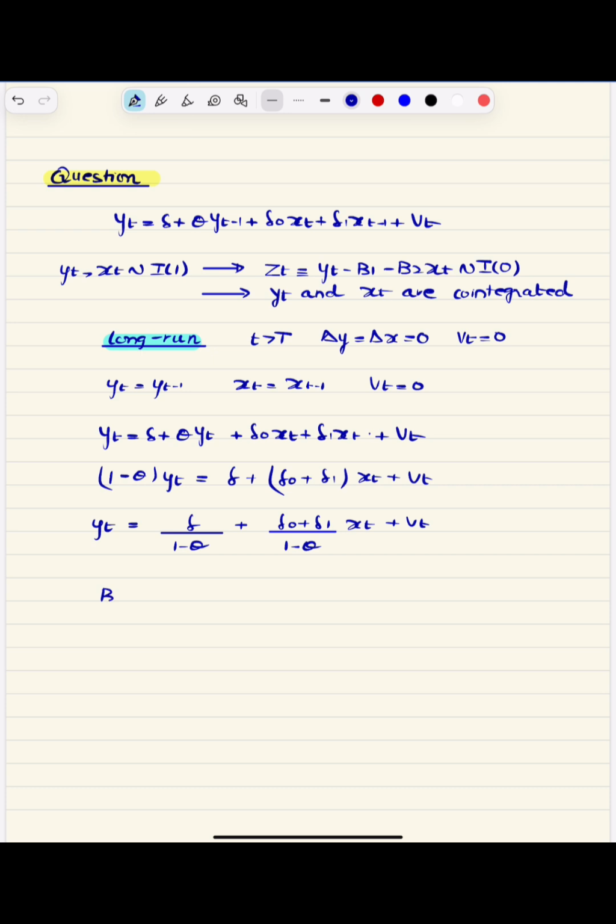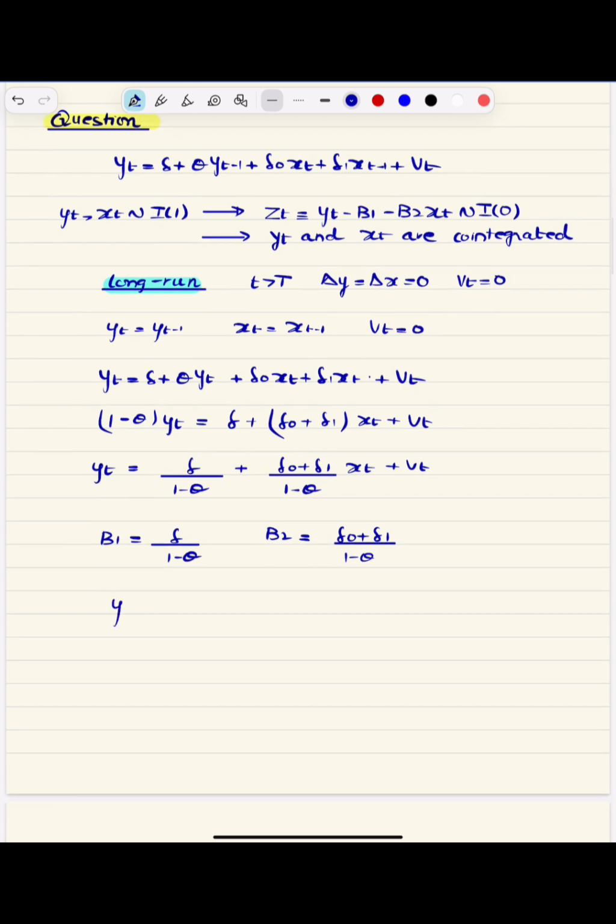For simplicity, we can say beta 1 is equal to delta over 1 minus theta, and beta 2 is equal to delta naught plus delta 1 over 1 minus theta. The error is equal to 0, so I don't need to add the error here because this is the long run. So we have this showing us the long run relationship between these two variables.